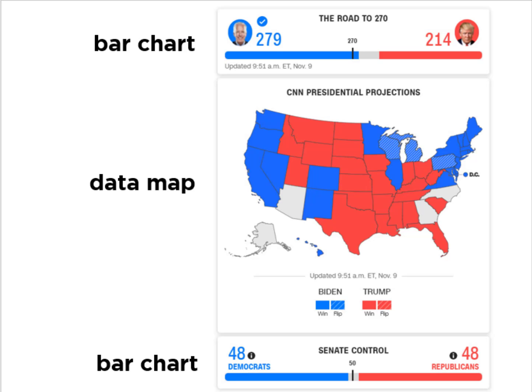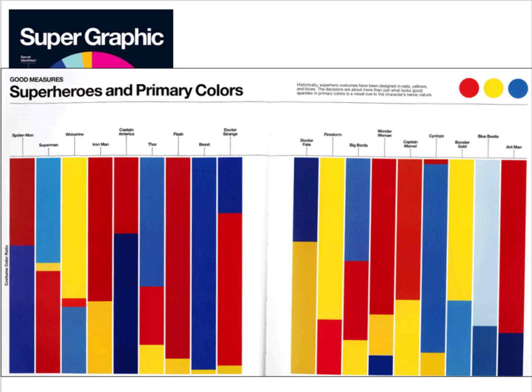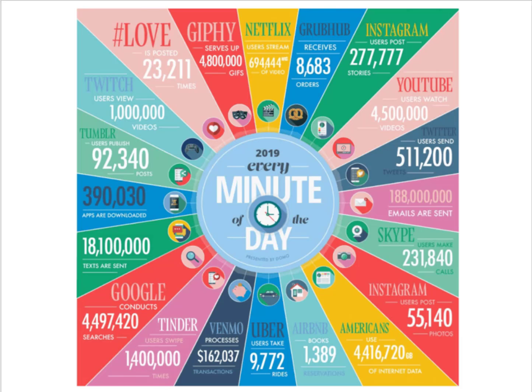To return to CNN's presidential election info, I'd actually argue that in its entirety, this is an infographic made up of a bar chart, a data map, and a second bar chart. I included a couple of infographics in last week, Thursday's video about what Illustrator is used for. This is an infographic that presents information about what happened every minute of the day in 2019.